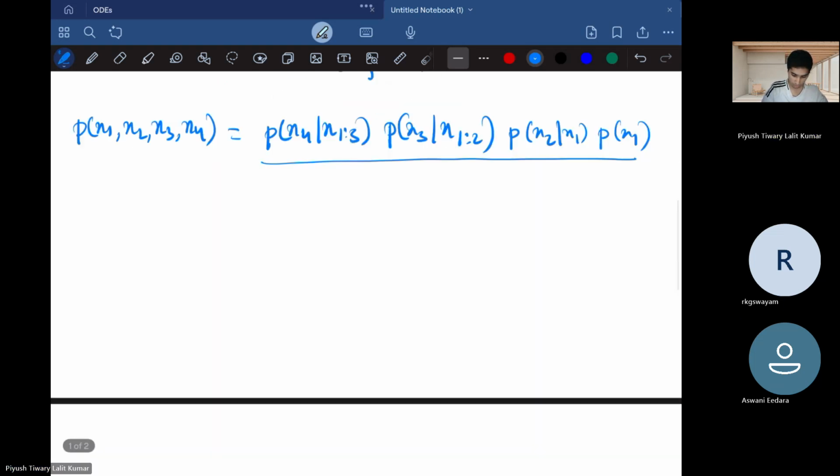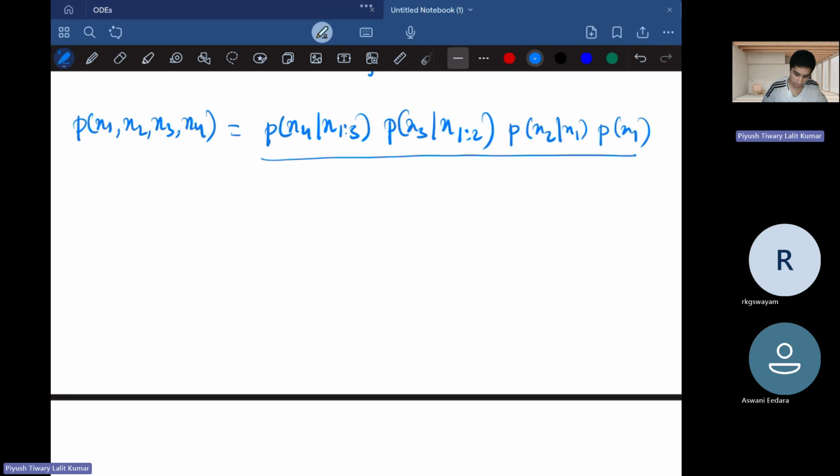How? You can see that x1 is required for each of the conditional distributions here, here, and here. So maybe make one node x1. Then once you have x1, you can calculate P of x2 given x1. So you have x2 and an edge connecting x1 to x2. Once you have both x1 and x2, you can sample x3.